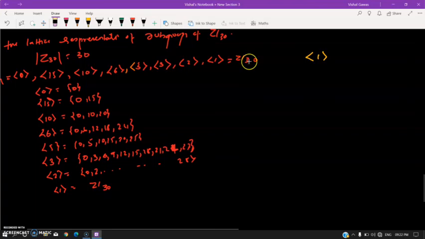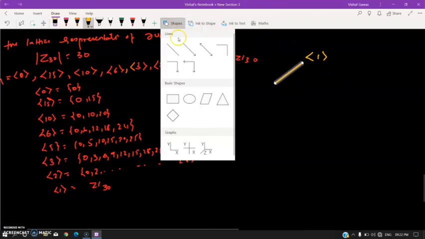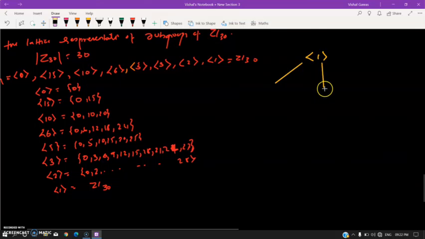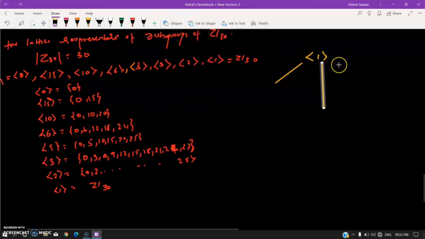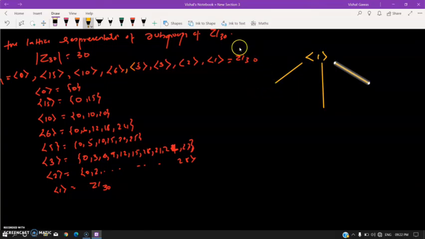So let's do this. Then the subgroups of this are here, 1. You can nicely see that I'm trying to draw a lattice. I hope I'm successful doing this.